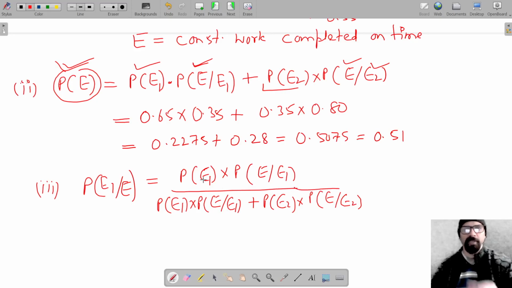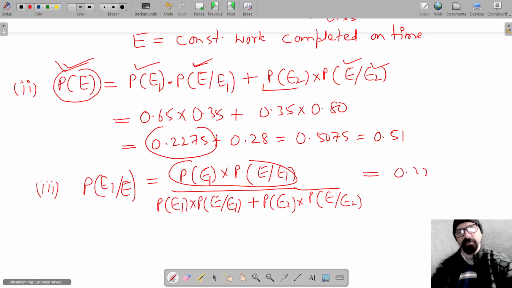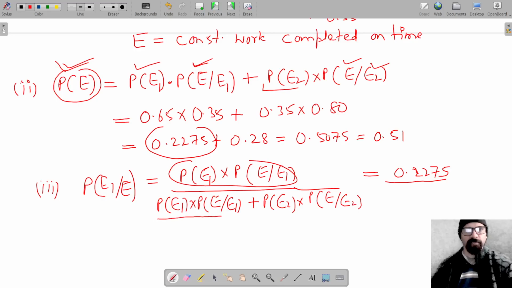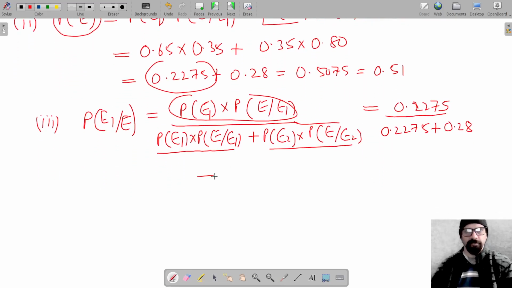So the probability of E is 0.2275 divided by the probability of E1 into the probability of E by E1, which is 0.2275, plus the probability of E2 into the probability of E by E2, which is 0.28.